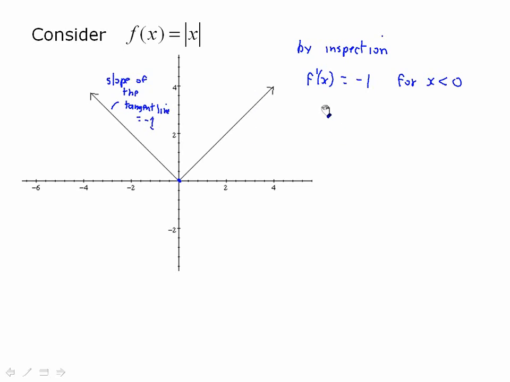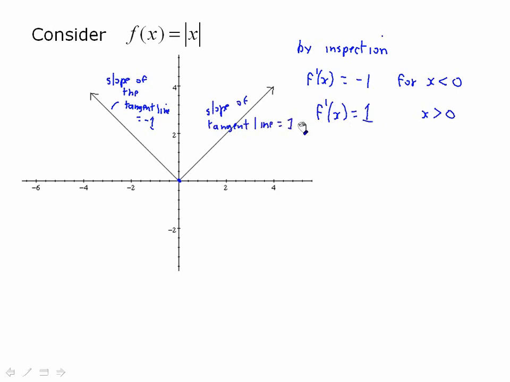And then, if you were to take the slope of the tangent line when you're on the other side of 0, so for x greater than 0, you'll note that the derivative is +1 because the slope of the tangent line is equal to 1.